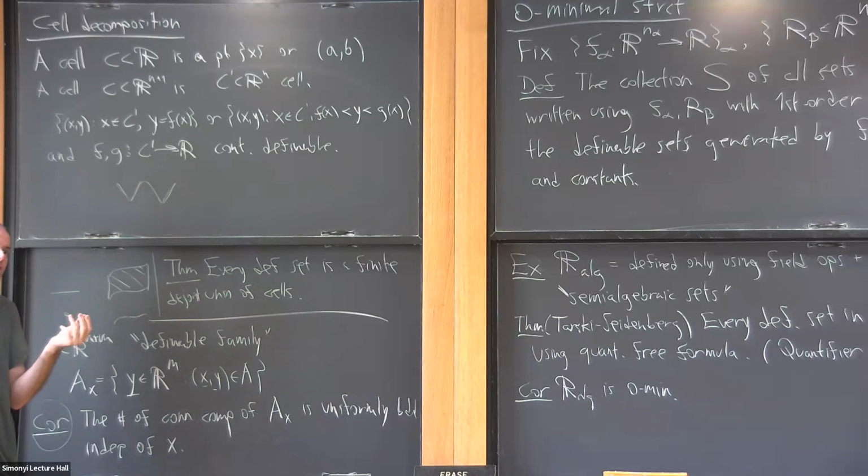Once you put in the order, you have to accept that you're adding numbers that are bigger than any integer, smaller than every 1 over n. There are just a lot more types, a lot more formulas that you can write now that you have also allowed inequalities. So you have these models where you realize all the types, but they are harder to visualize than just realizing all the types in algebraic geometry. The definable sets are much more restricted.